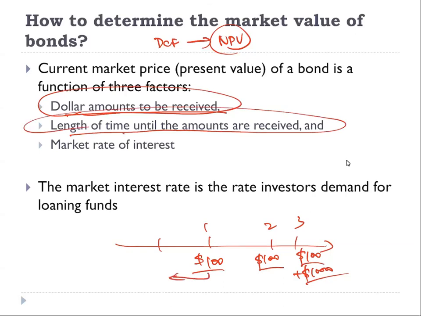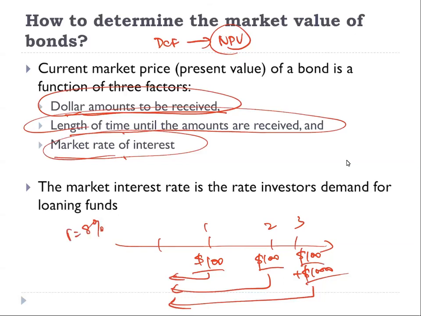The other factor is the length of time until the amounts are received. For the first 100, it's going to be 1 year. The second 100, 2 years. The 1,100, 3 years. Then there is the market interest rate. So what is the market interest rate? Suppose it's 8%.